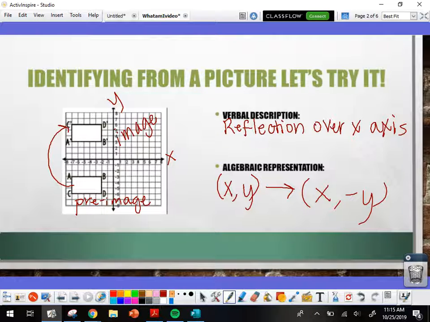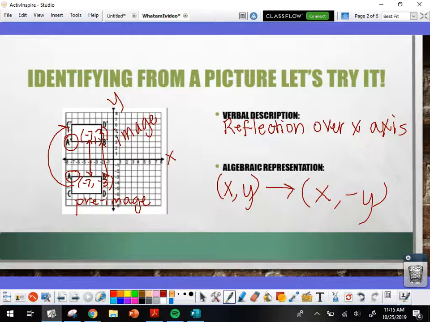So if we wanted to look at an example and make sure we were doing that right, point A right here is at -7, -3. And when we flip it, the A prime is at -7, +3. The x's stayed the same. The y started as a negative and it became a positive. So it was the opposite y.